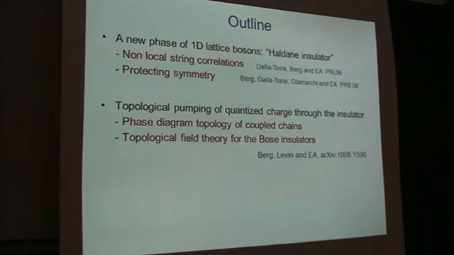Then I'll show that this insulator allows for topological quantized pumping and dissipationless current inside Bose insulators. And even if we don't pump current, just the possibility to pump will set very stringent constraints on the topological nature of phase diagrams which contain both gapped and gapless phases of bosons. And that's something I want to come to.